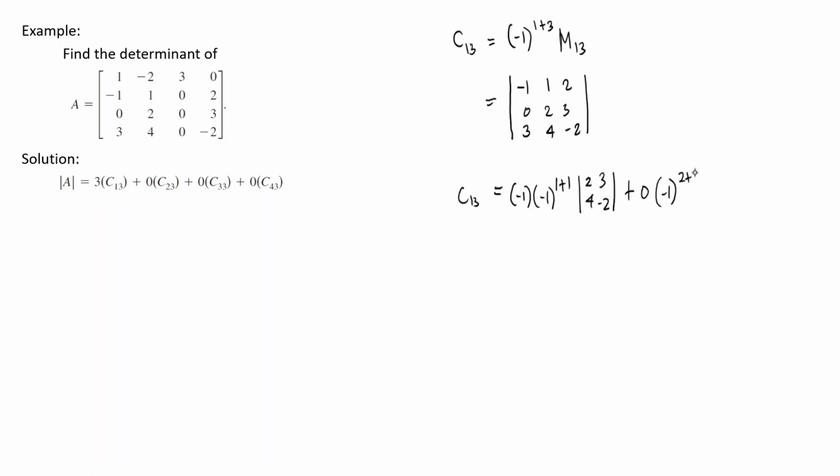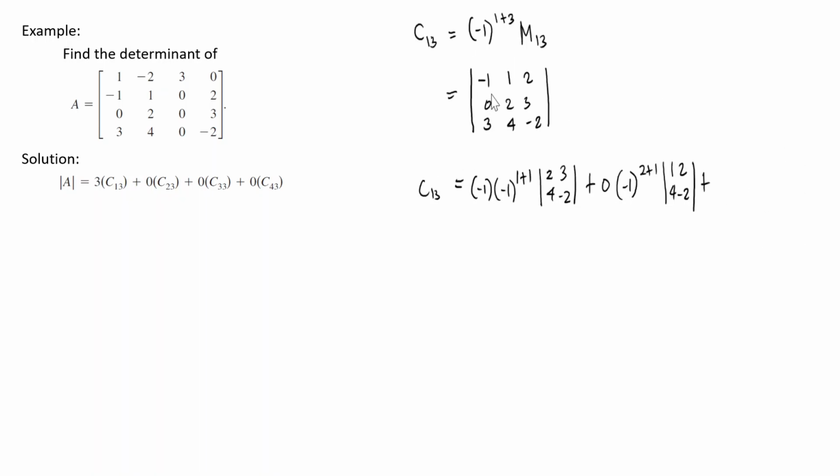This corresponds to the second row and first column. So that is 2 plus 1. And then we delete this. We have that. So the remaining entries, we have 1, 2, 4, -2. And then plus we have A 3,1.